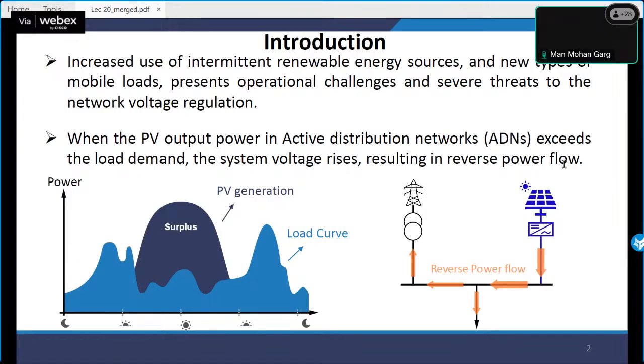So what exactly happens in any system, if it is going to be a distributed system, if the feeder is going to be a radial one, and you have a lot of PV energy available during the terminal points, and if the consumers during that hour are not drawing the PV power which is available to them next door, then that PV has to flow further back because no takers, and finally it will hit the PCC, point of common coupling, and then it will start reversing from a distribution system to transmission system.